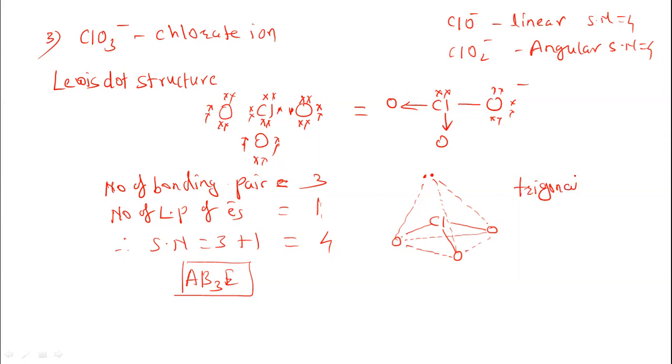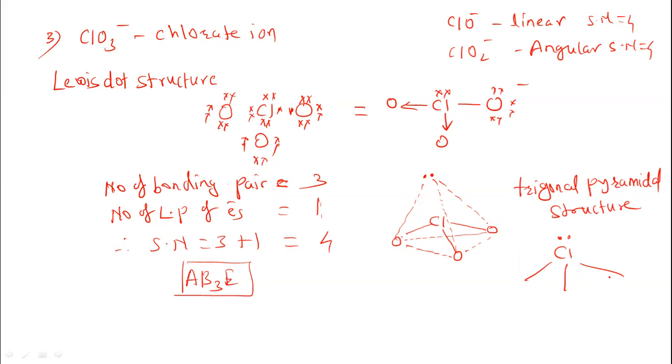Suppose this is the pyramid and the trigonal base is 1, 2, 3. So its structure can be represented in this way, carrying one lone pair of electrons like this.